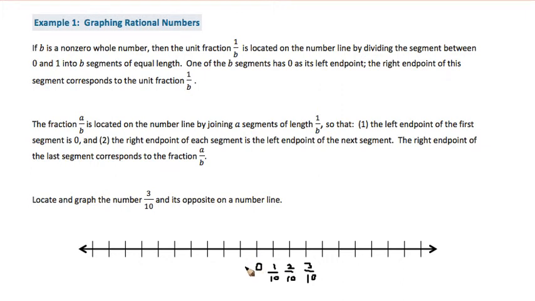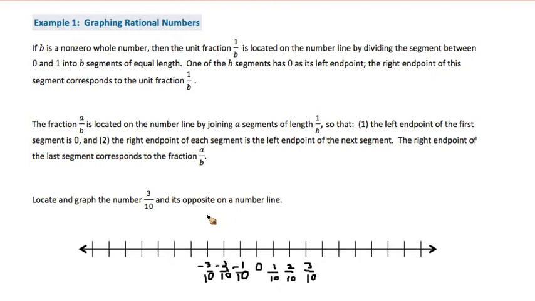Looking at the left side of 0, I would follow the same pattern, but my numbers would be negative. So -1/10, -2/10, and -3/10. I'm not continuing to number the number line because I only have to locate 3/10 and its opposite on the number line, and I already know that I have those two numbers.